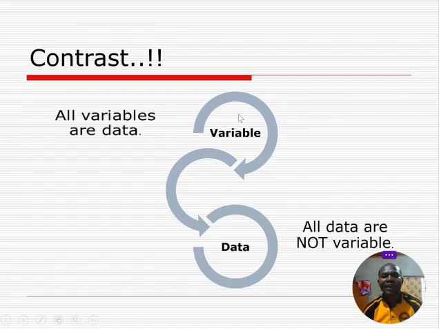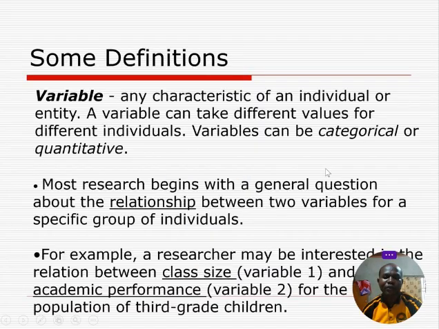So, a clear understanding of the difference between a variable and data implies that all variables are data, but all data are not variables. In other words, certain data may remain constant for every subject in the population, while some other pieces of information might change from one subject of a population to another subject of a population.